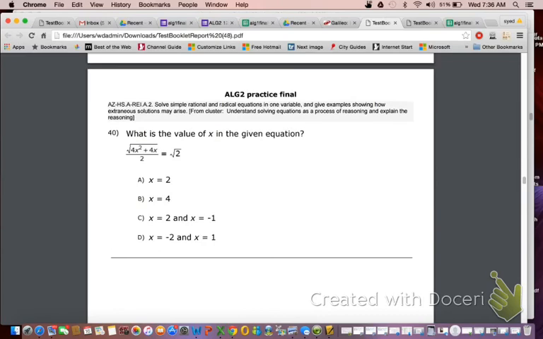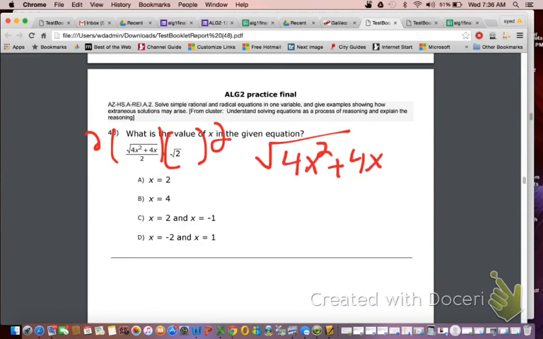Okay, 40. Multiply both sides by 2. So you're going to get this. Then you're going to square both sides.